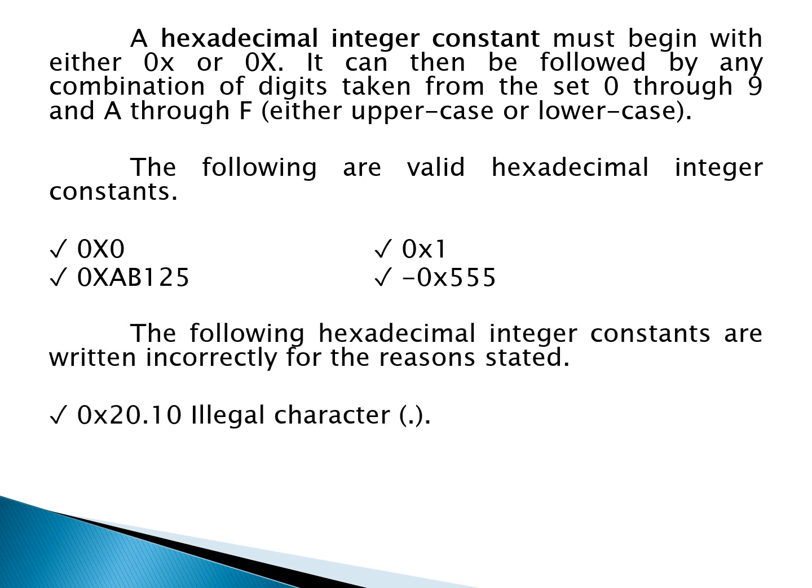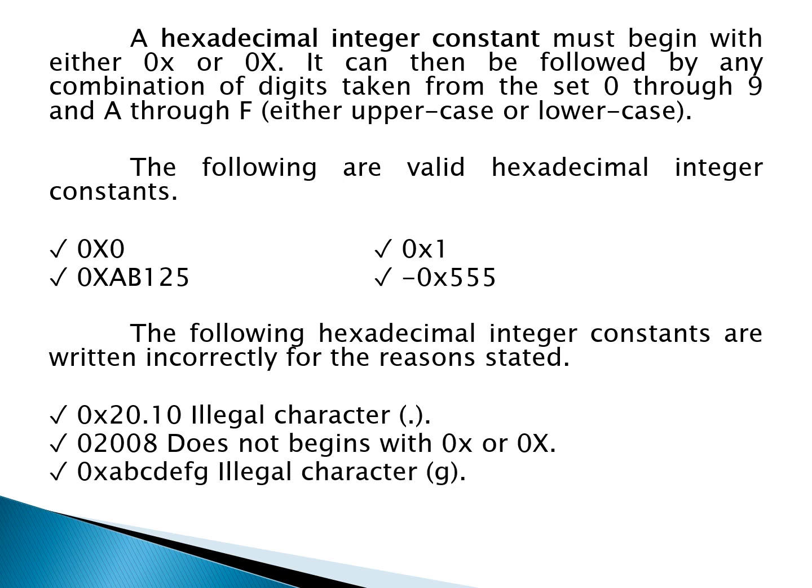We shall look at some of the invalid hexadecimal integer constants. For example, 0x20.10 is invalid because of a decimal point. Then 02008 is not valid because it is not starting with 0x.